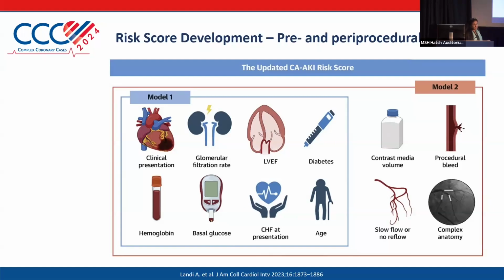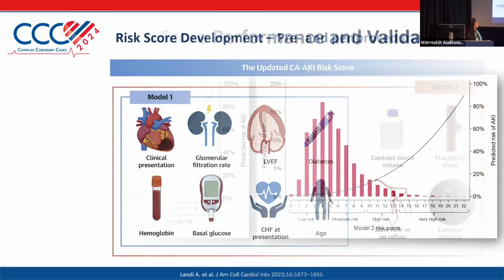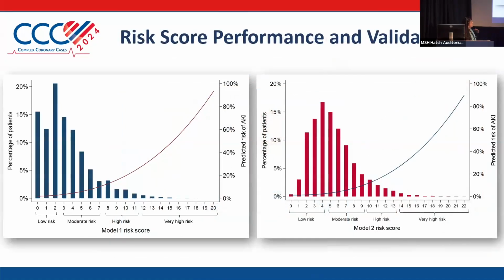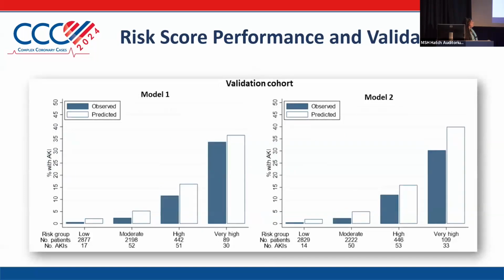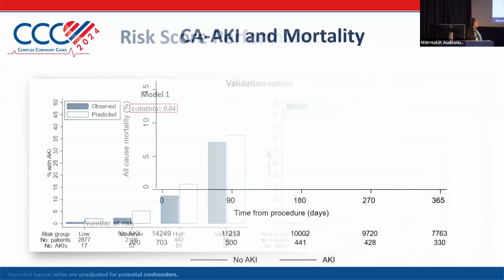What was the contrast media volume? And you get a very, very good risk score that not only worked well in the evaluation phase, but also in the validation, did extremely well. And you can see the derivation cohort with both models with a C statistic of 0.7, validation model as high as 0.86 and 0.84, quite good.